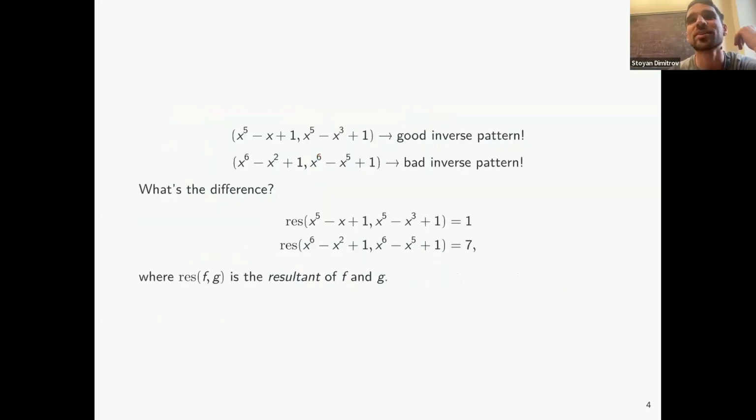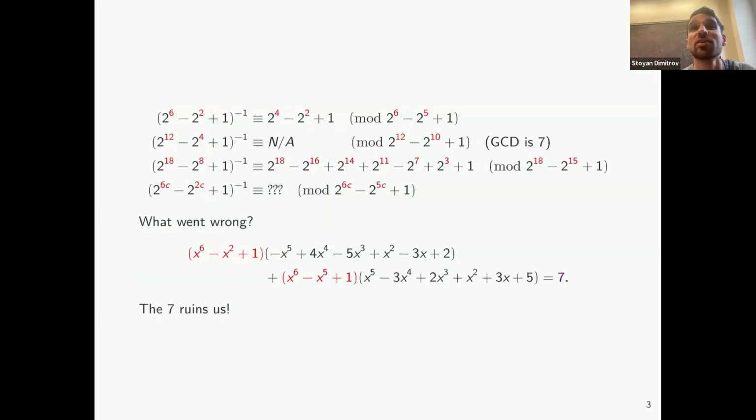Robert? Yes. Here on the very first line, in the modulus, this exponent 5, what is its relation to the exponent 2 in 2 to the 6 minus 2 squared?